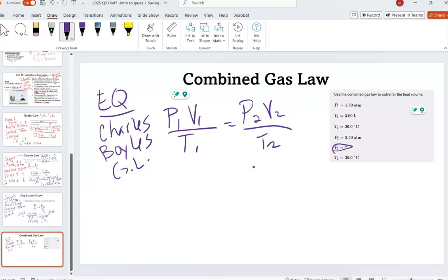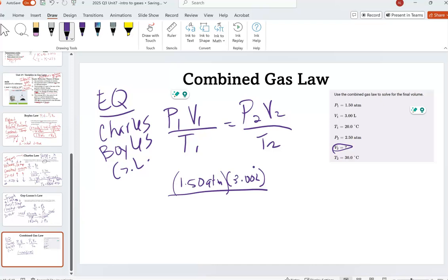Okay, there's kind of a lot of work here. I want to show my work because it is required. This is where your knowledge of algebra is definitely used. So it says use the combined gas law to solve for the final volume. So I'm going to plug everything in. P1 is 1.50 atmospheres times V1, which is 3.00 liters, all over T1.